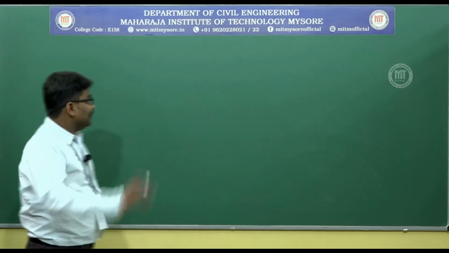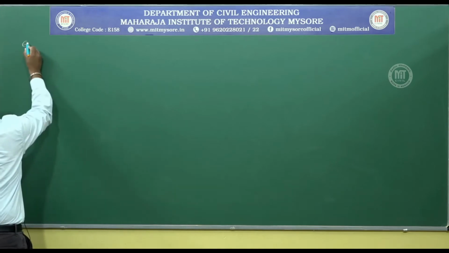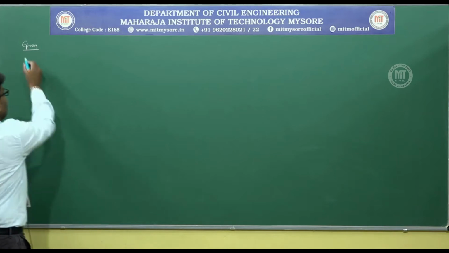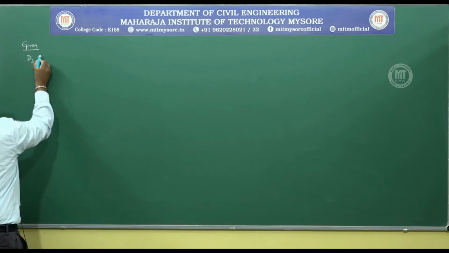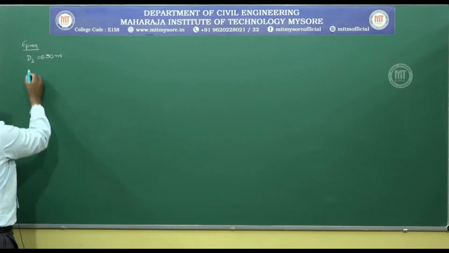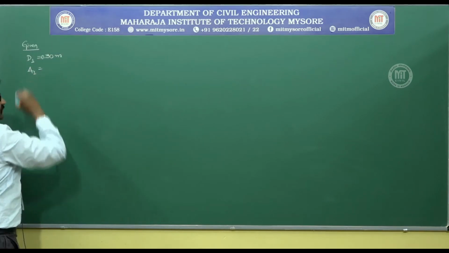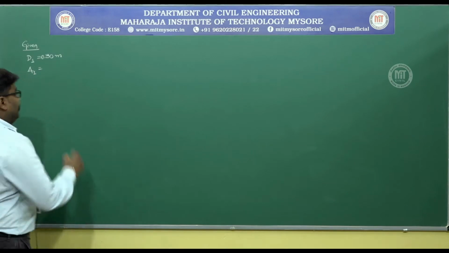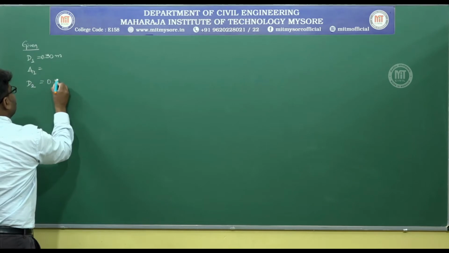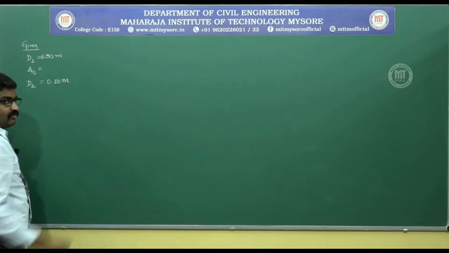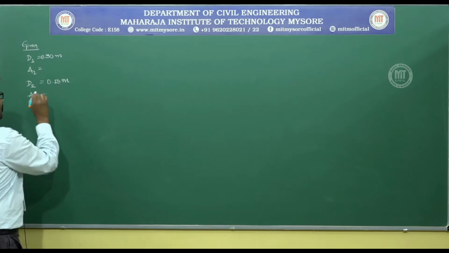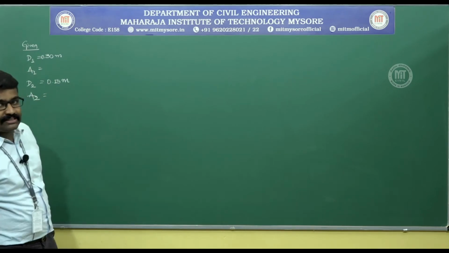So let me write the given data to begin with. Diameter at the inlet is 30 centimeter, nothing but 0.3 meters. You can calculate the area; take out the calculator and solve it. Diameter at section 2 is 15 centimeter, which is 0.15 meter, and using which you can calculate the area at section 2.